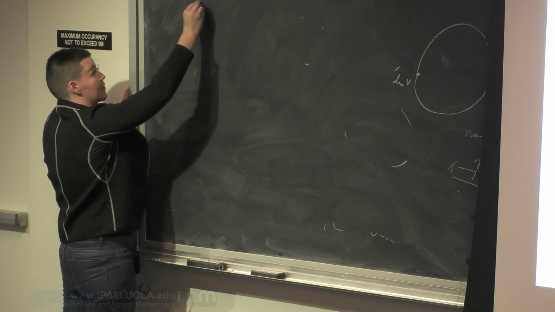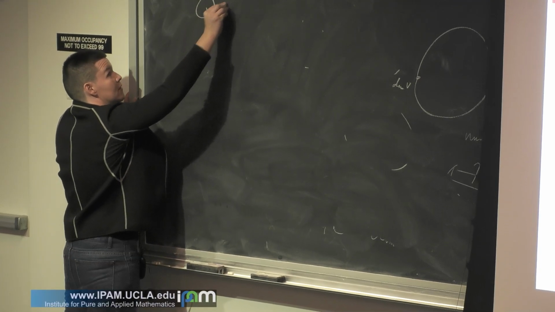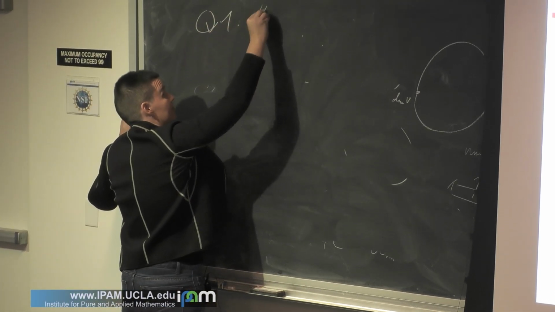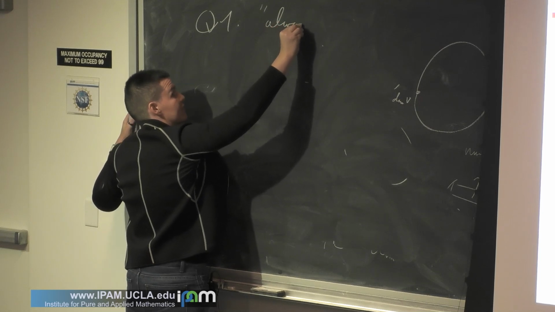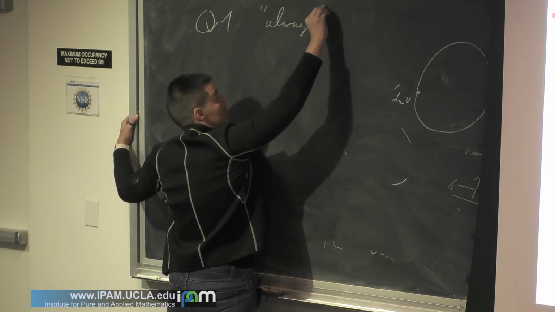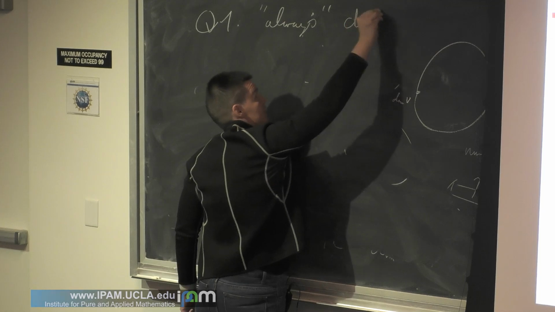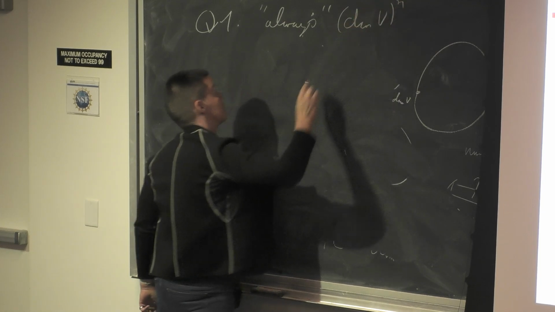Question 1, it's always v to the n that is the overall growth rate.